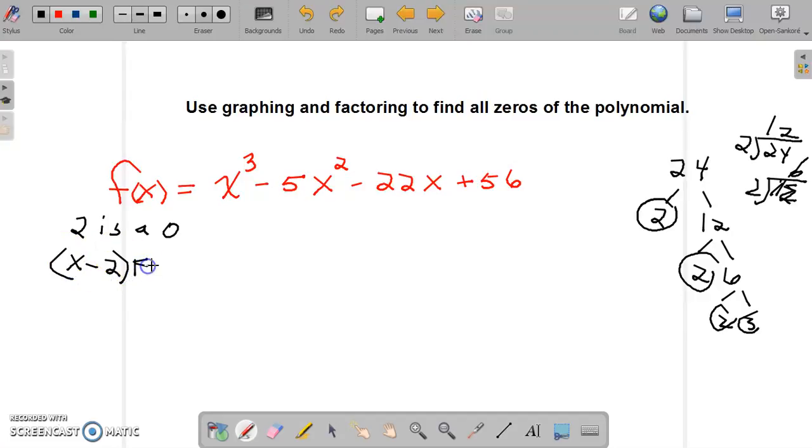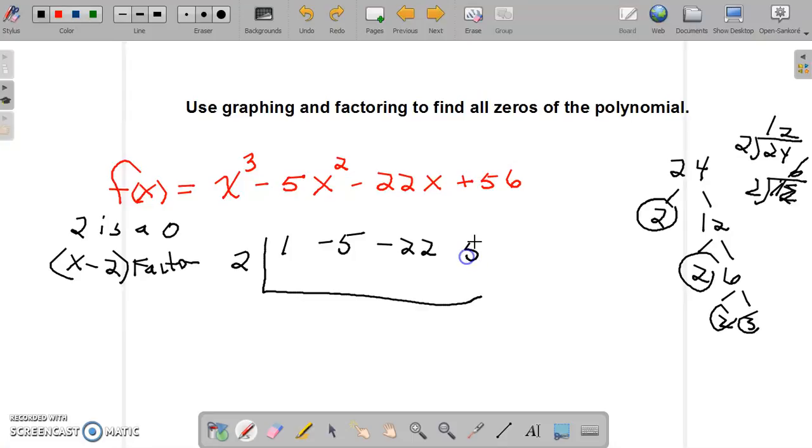What I really have to do is divide x minus 2 into that polynomial. But because long division is not fun, I'm going to use synthetic division. I'm going to put my zero right here and set up my synthetic division. I'm going to put all my coefficients: 1, negative 5, negative 22, and 56. I don't have any zeros I need to contend with.